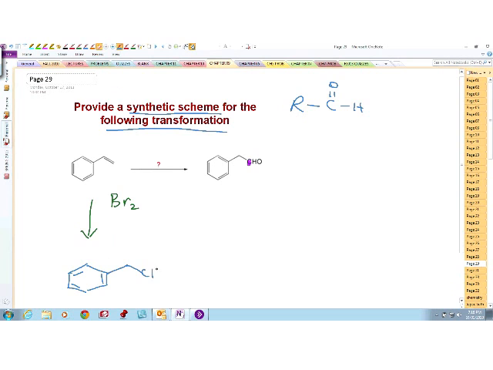this. We are adding two bromine atoms to the carbon-carbon double bond, right? So this hydrogen here, and of course you have hydrogen here to start with. And then once you have this, then you do your dehydrohalogenation.